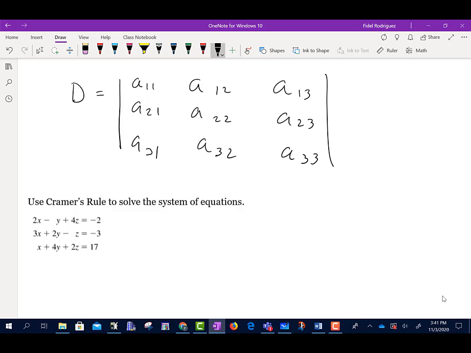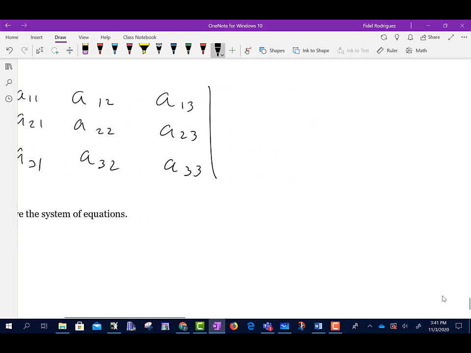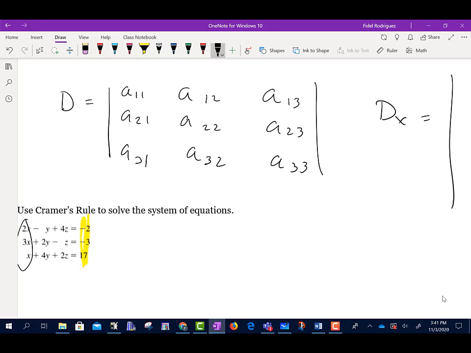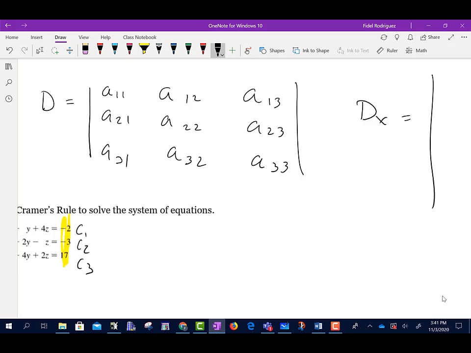Okay. Now, remember, when I'm going to do, say, the dx part, the dx part says we're going to replace these x values with these coefficients here. And these coefficients, we call them C1, C2, C3.